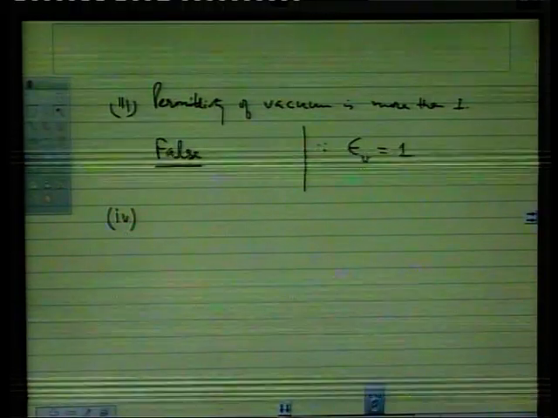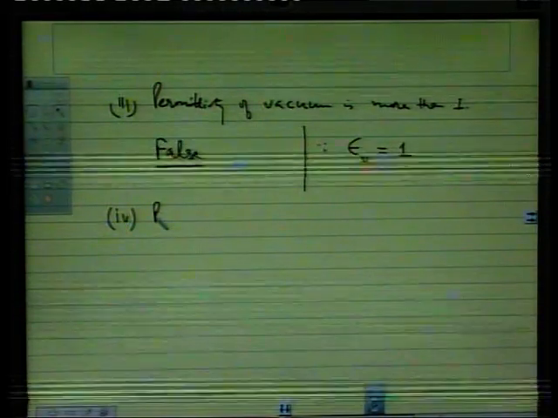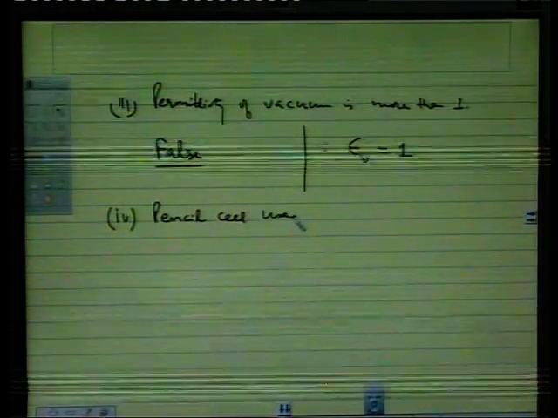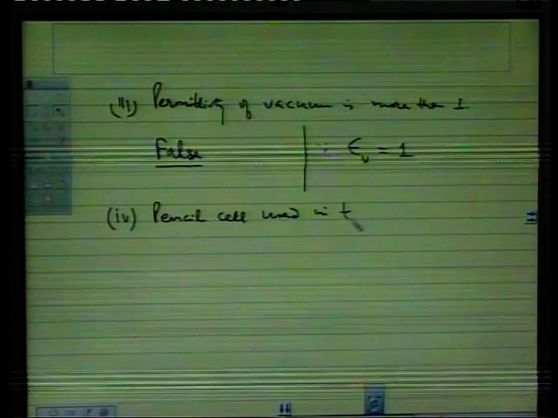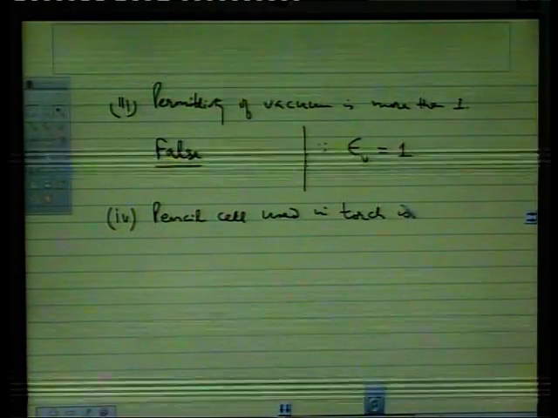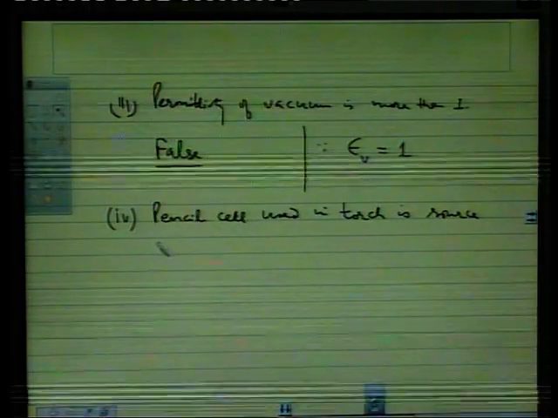Next is, pencil cell used in torch is source of AC current.